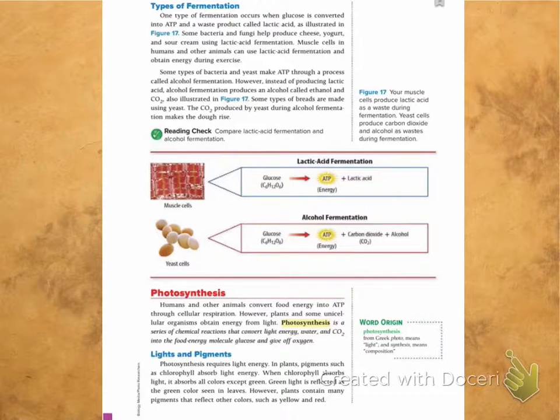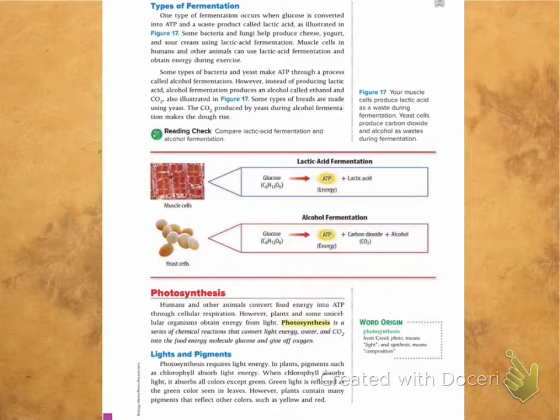Some types of bacteria and yeast make ATP through a process called alcohol fermentation. However, instead of producing lactic acid, alcohol fermentation produces an alcohol called ethanol and carbon dioxide, also illustrated in Figure 17. Some types of breads are made using yeast. The carbon dioxide produced by yeast during alcohol fermentation makes the dough rise.